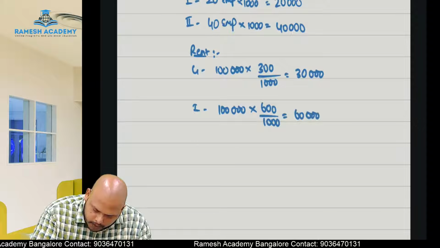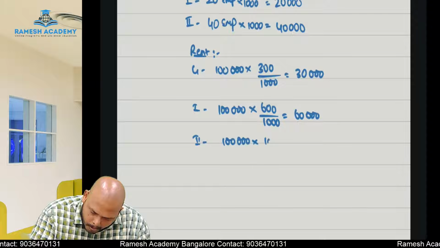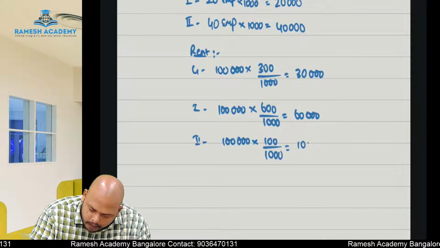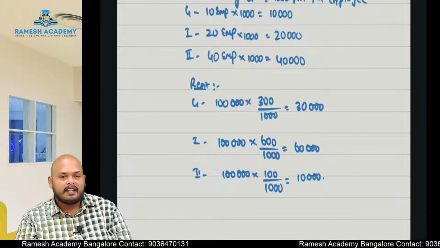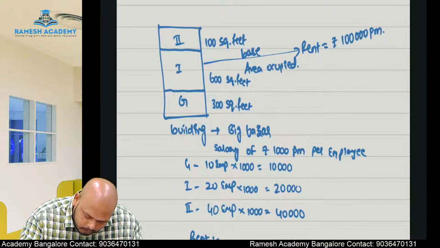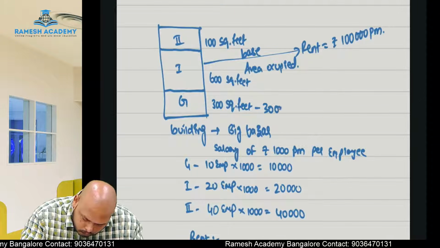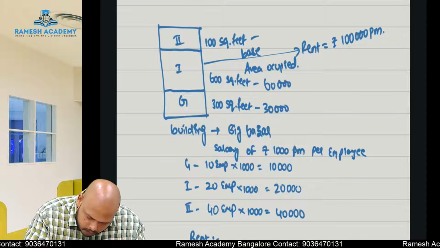First floor is 60,000. Second floor is 10,000. Correct. Now we can calculate the rent for this building. Ground floor is 30,000. First floor is 60,000. Second floor is 10,000.